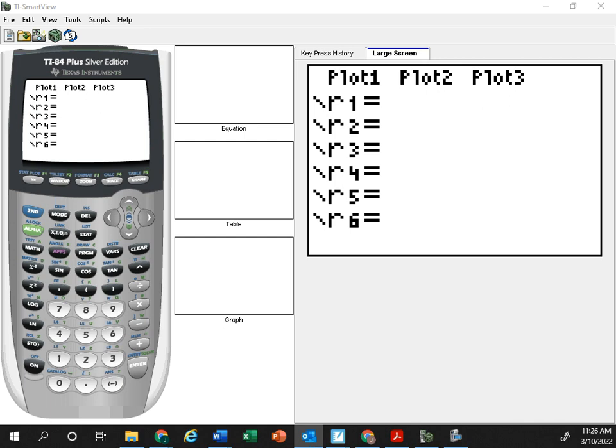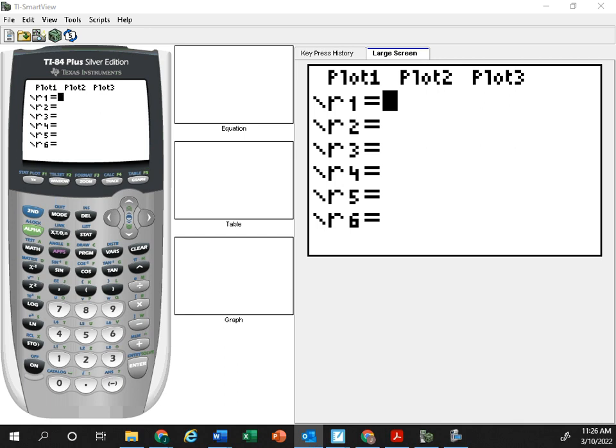You got two graphs going on at once. What values should I put in for my min and max of the window? So 0 to 25, or you start at zoom trig.